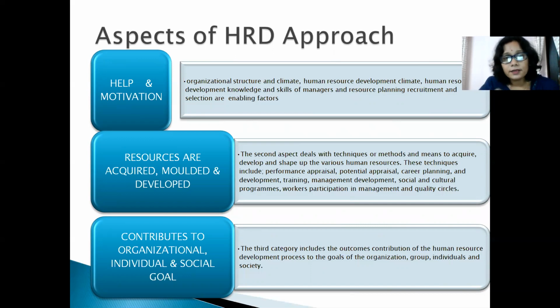The organizational structure and climate, human resource development climate, human resource development knowledge and skills of managers, and resource planning, recruitment, selection, etc. These are the enabling factors which contribute directly to the development of the attitude of helping and motivating the institutional members.